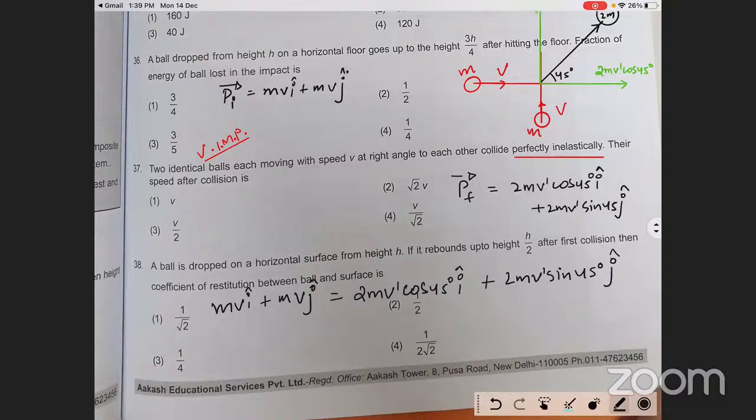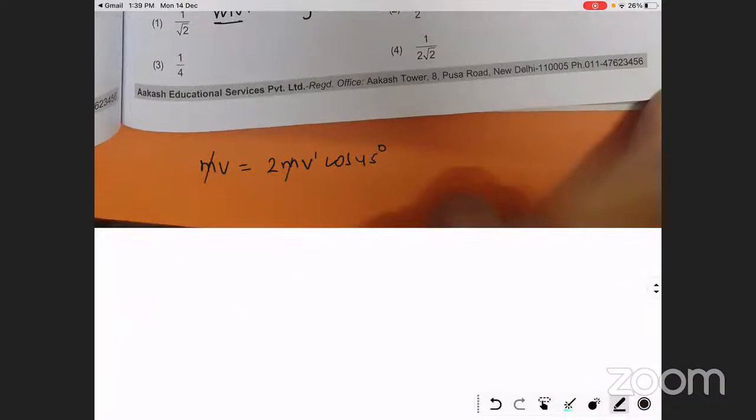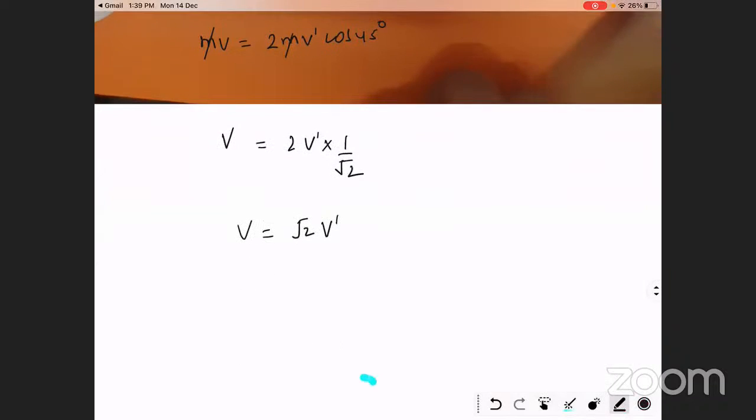If these two vectors are equal, the coefficient of i cap should be same. Means mv must be equal to 2mv dash cos 45. M got cancelled. V is equal to 2v dash cos 45, which is 1 by root 2. So V is equal to root 2 V dash. So V dash is equal to V by root 2.